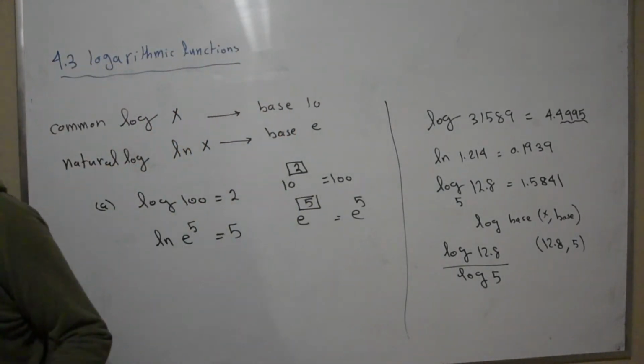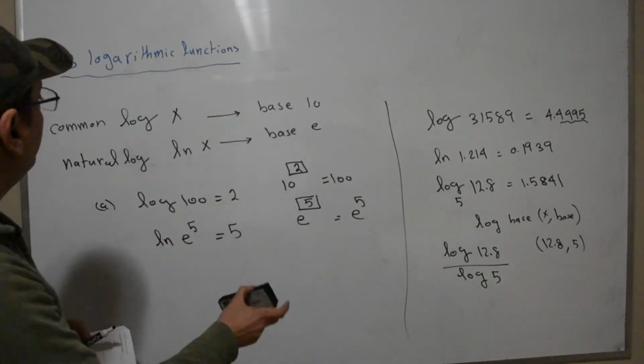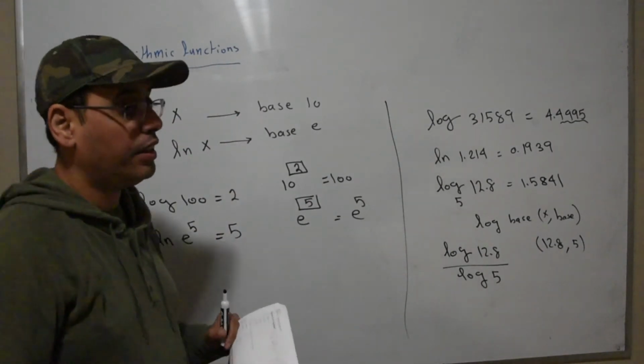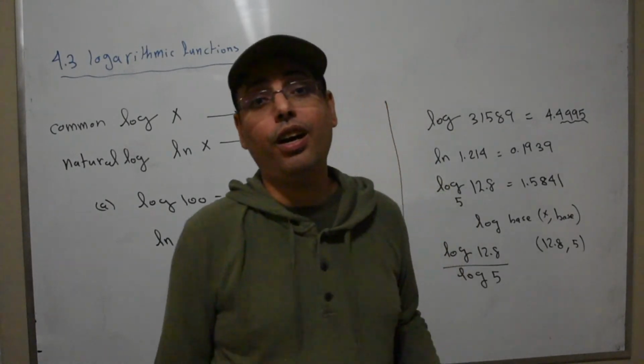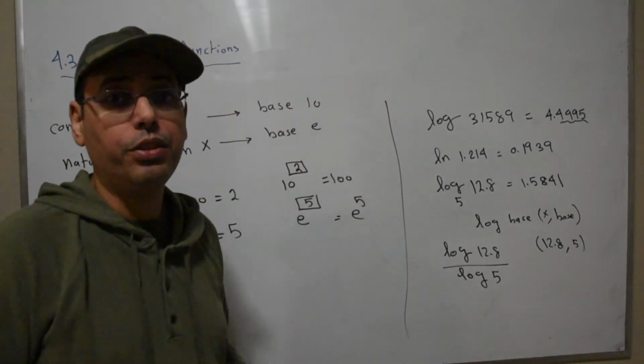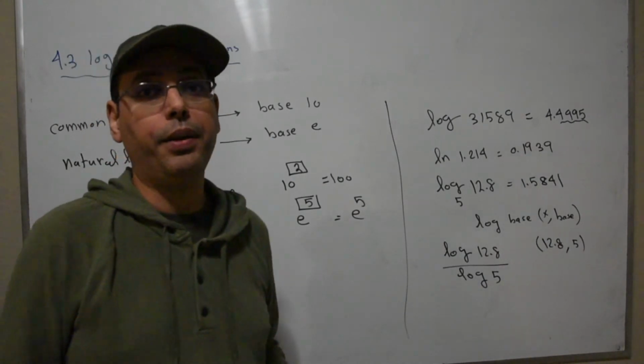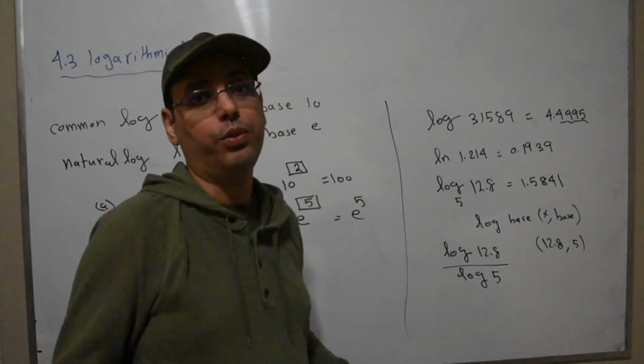Alright, so based on what we learned from these examples, we have to derive the properties of the logarithm. So I'm going to talk today about 4 properties before I stop this video and go to the other one.